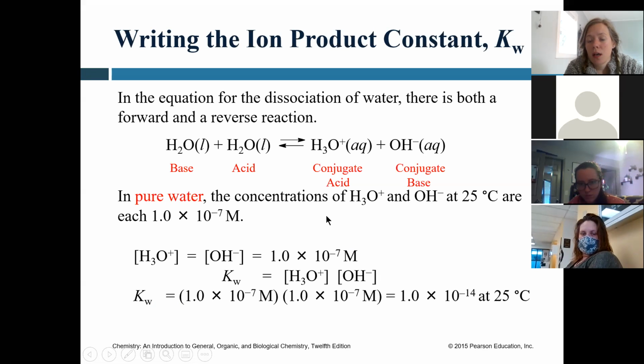So small percentage of it is your acidic thing, and your small percentage is your basic thing. This number you want to know. There's another thing we want to talk about, which is the Kw constant. So Kw is going to be equal to the concentration of your acid times the concentration of your base. And it always equals 1.0 times 10 to the negative 14.